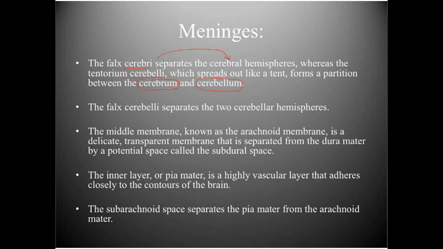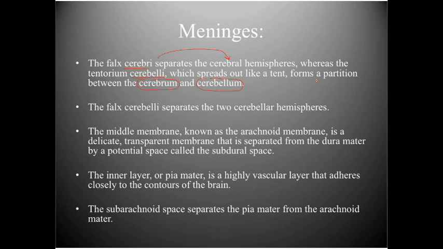And so the falx cerebri separates the cerebral hemispheres, and the tentorium cerebelli separates the cerebrum and cerebellum. The falx cerebelli separates the two cerebellar hemispheres. And this will make much more sense once we actually see CT images of this.